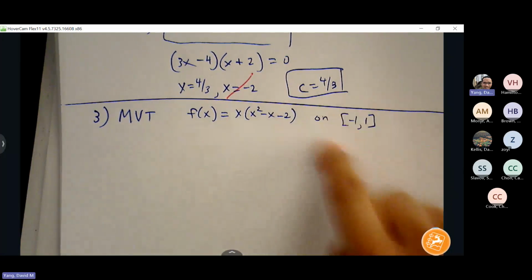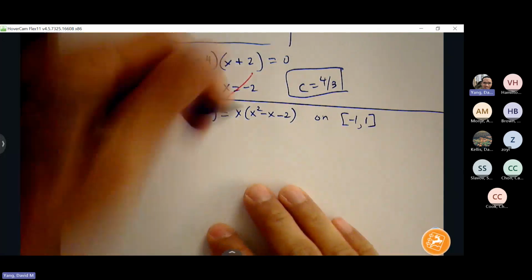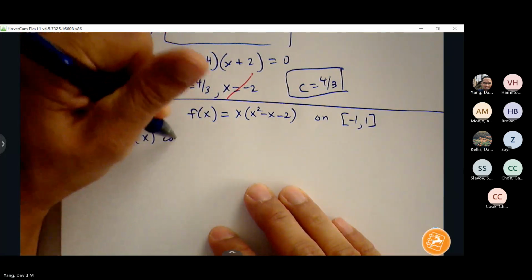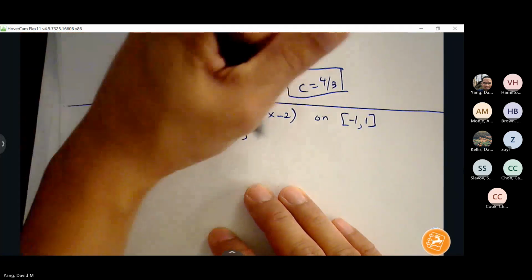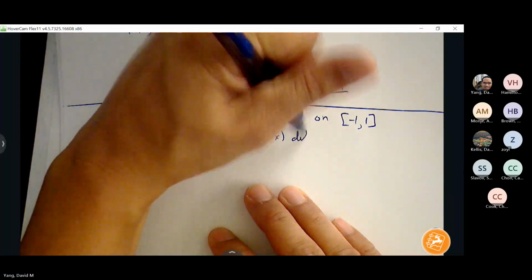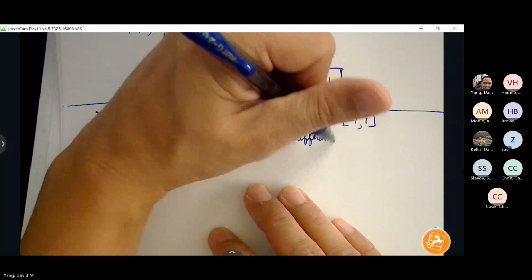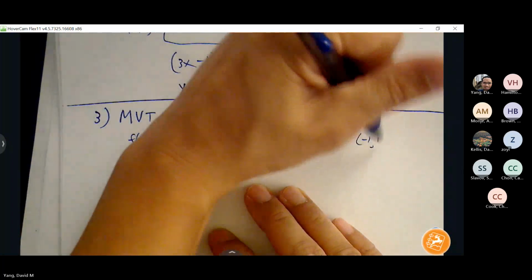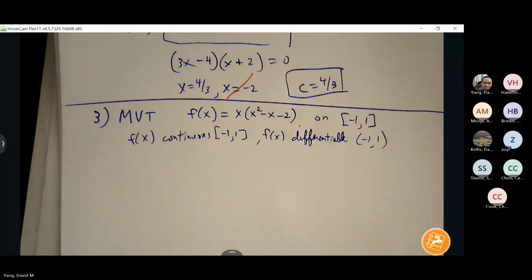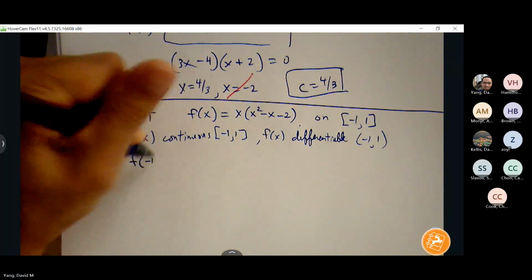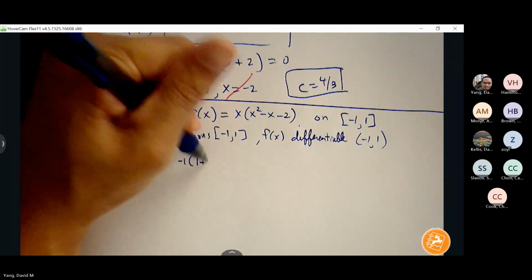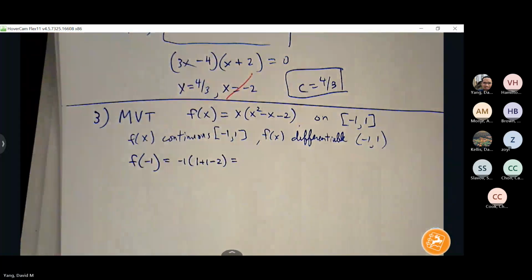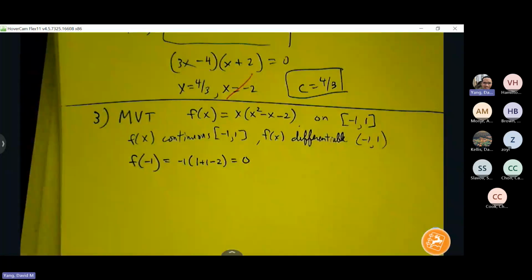And we can move on to find the slope between the endpoints. Okay, f of -1 is 0.